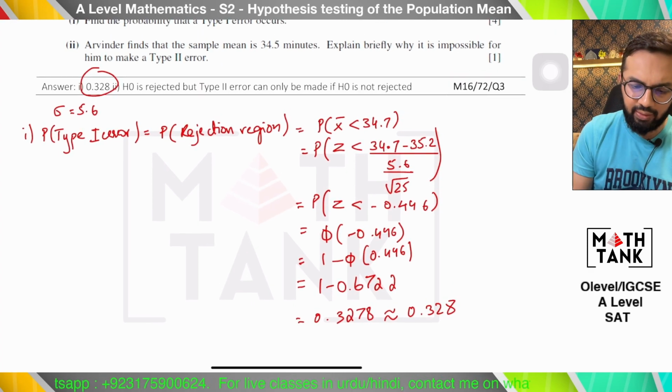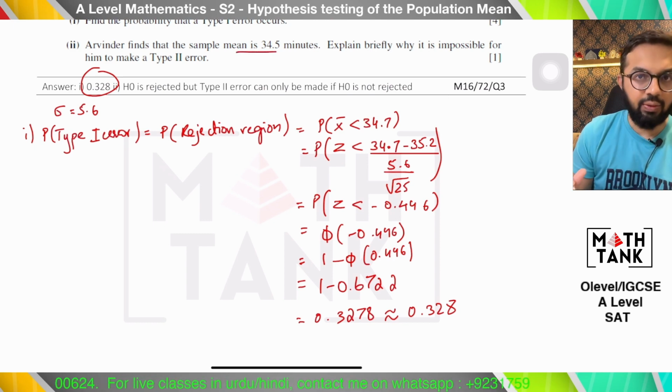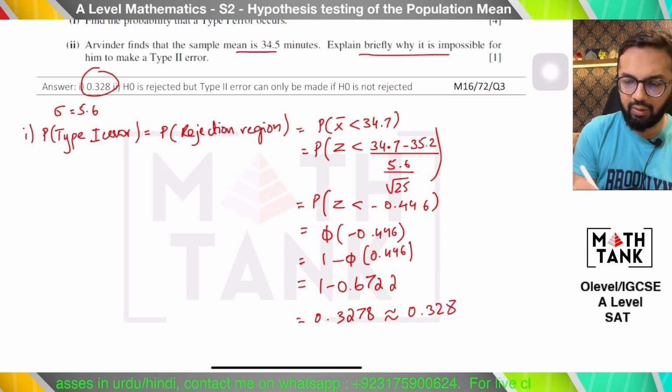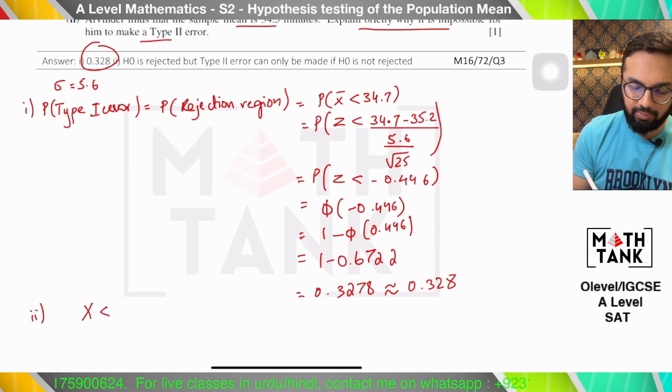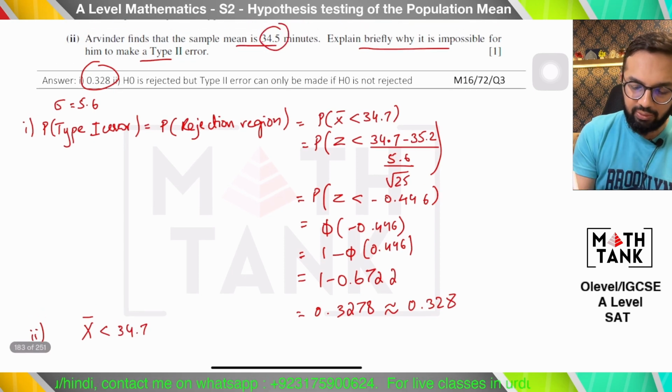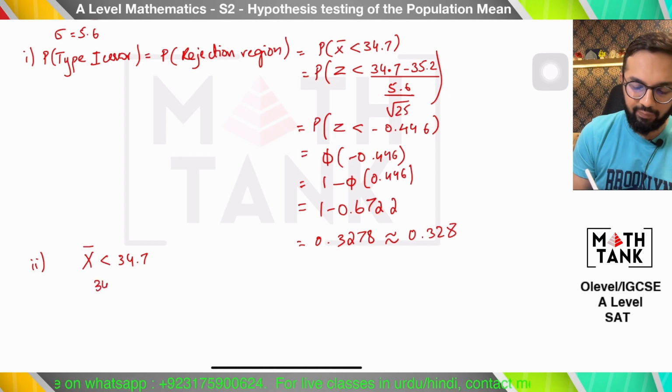It says Arvinder finds that the sample mean is 34.5. Explain briefly why it is impossible for him to make a type 2 error. Okay, now his rejection region was x bar is less than 34.7. If his sample mean was 34.5, 34.5 is inside the rejection region.